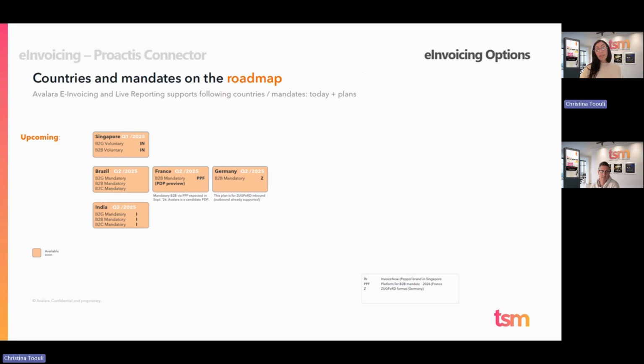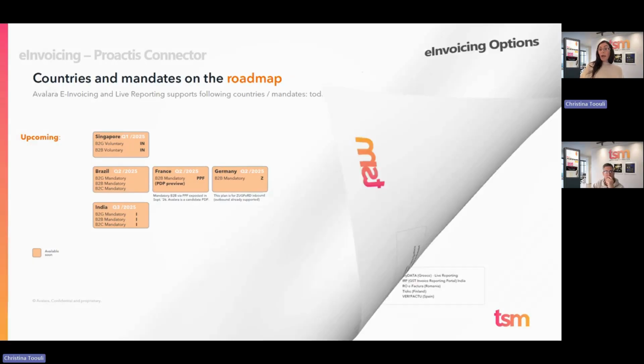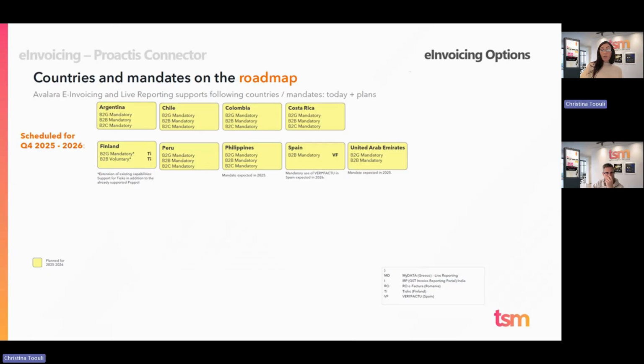I know some clients have asked me about reverse charge reporting, etc. They do have capabilities. So if you want more information, please contact us and we can introduce you to somebody at Avalara. You can continue to have discussions with them.